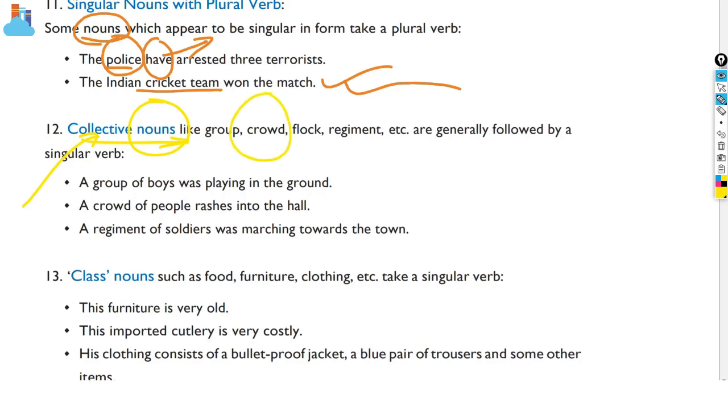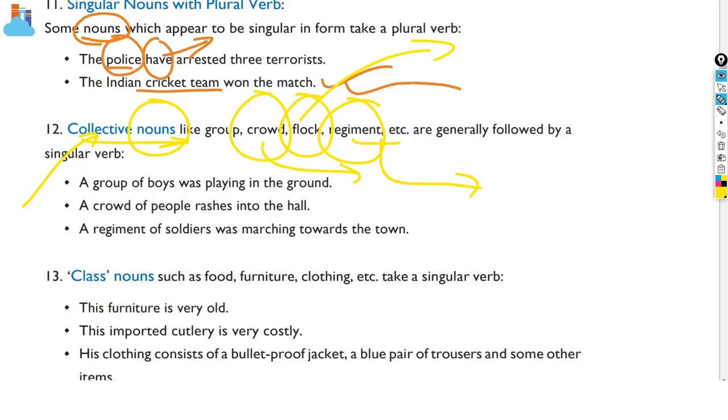So crowd, flock, regiment. The crowd of people, flocks of sheep, regiment of the army. This actually refers to a group, a cluster. So what is the formula? When this comes, then generally it is followed by a singular verb.